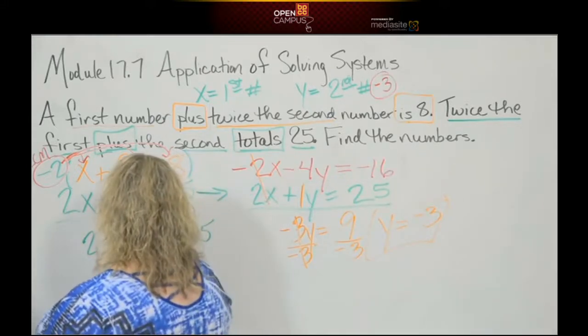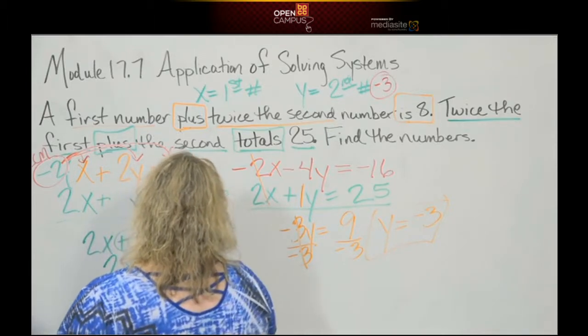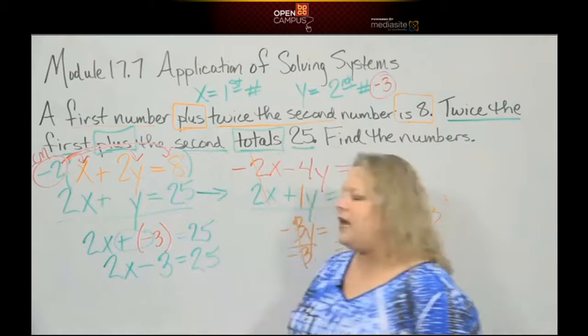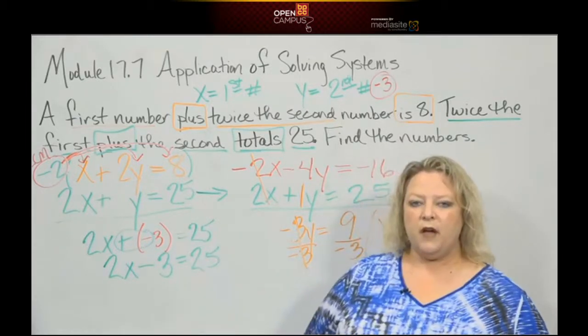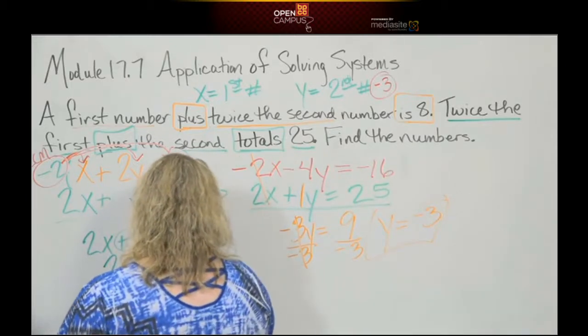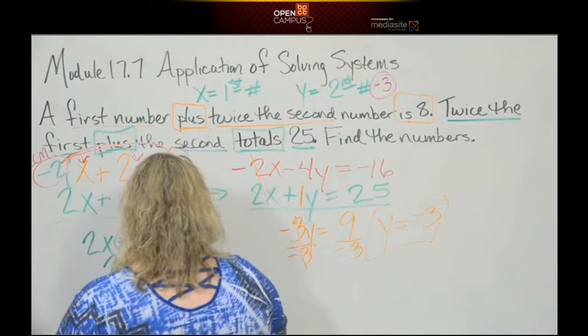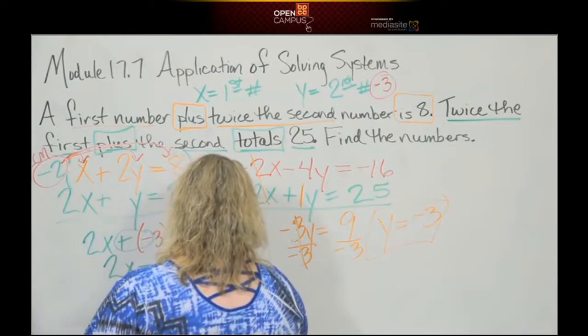So I'm going to have 2x minus 3 equals 25. So when I get that, how am I going to get my x by itself? I'm going to move my 3 over by addition. And that's going to give me 2x is equal to 28.